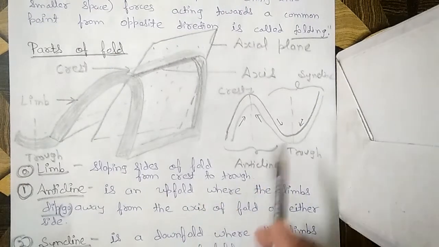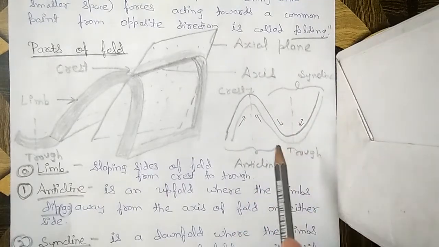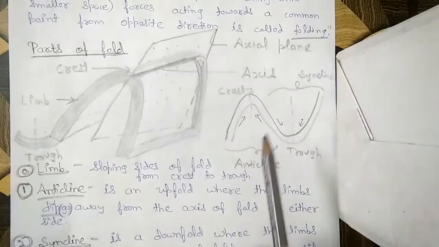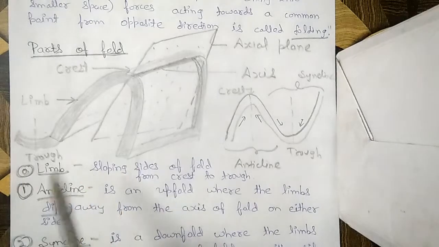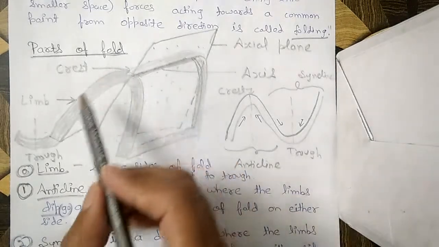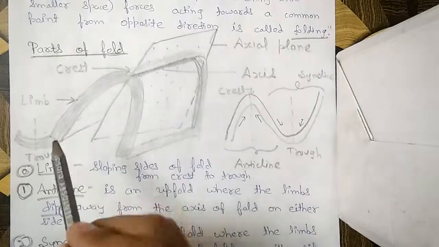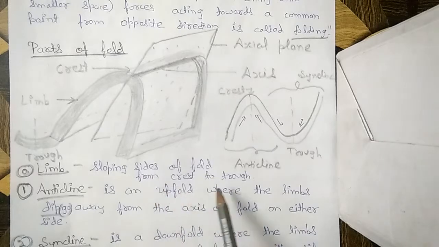You can see I have made a line here and one line here, and this point and this point. First I will make you understand the limb. This part and this part are called limbs. They are the sloping sides of a fold from crest to trough.